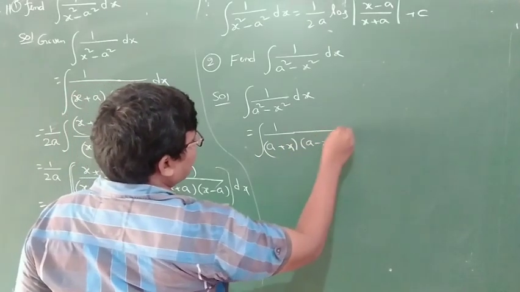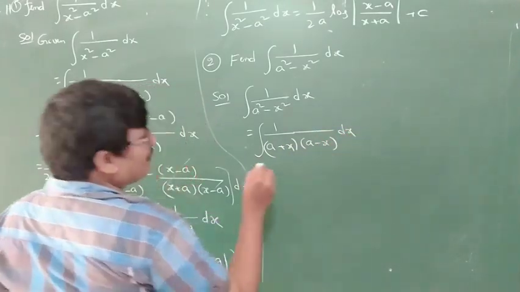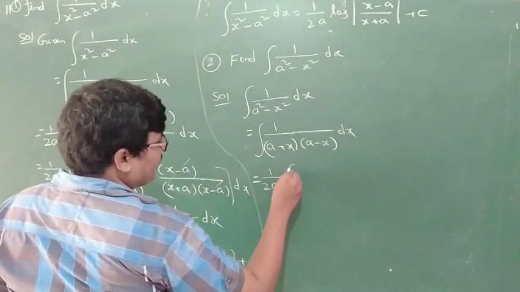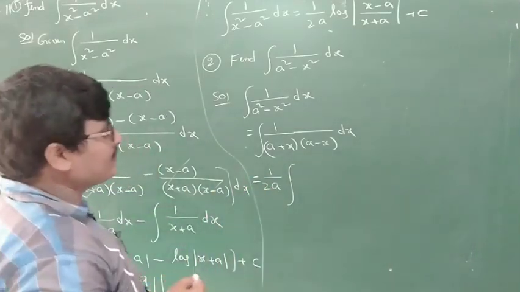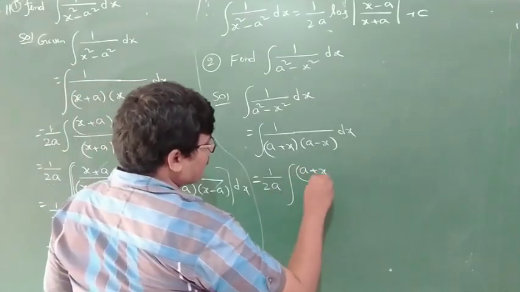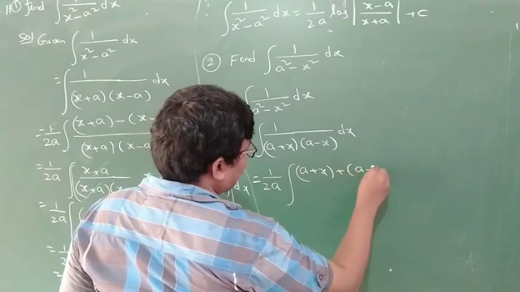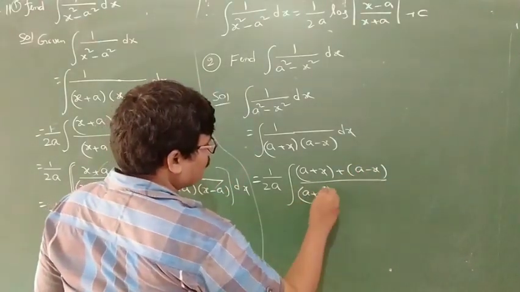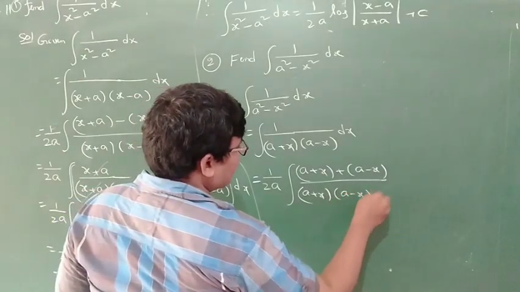So 1 by 2a into, same, a plus x plus a minus x by a plus x into a minus x dx.